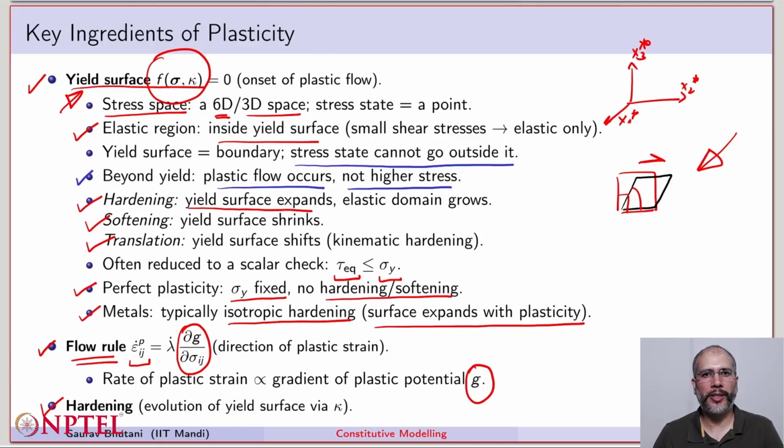So the kappa will change, and then we will go back and identify the new yield surface, and once the loading happens again, we'll identify whether it's crossing the yield value as per the new yield surface, understand the flow phenomena if the yielding is happening, and then update our hardening variables as well. So these are the three key ingredients or steps that are followed in any plasticity study.